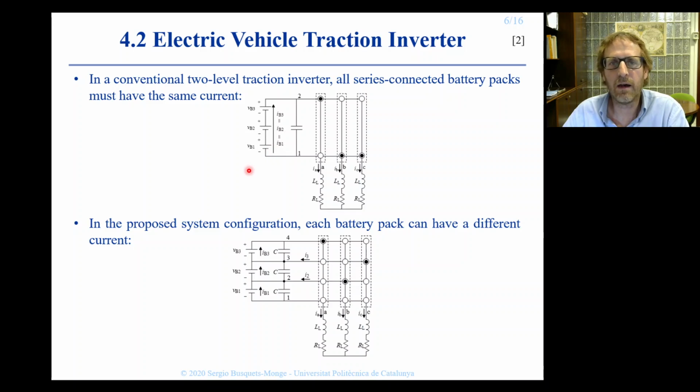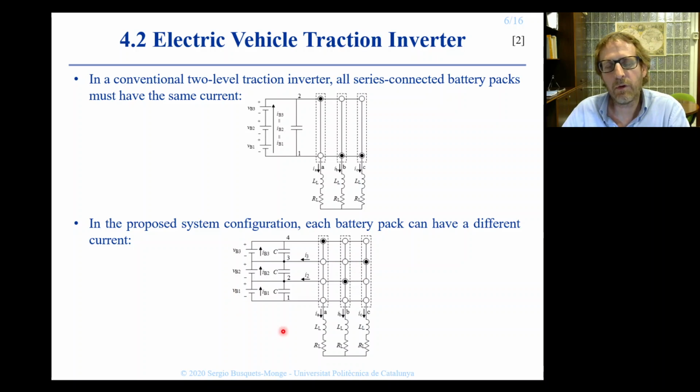But if one of them has a different nominal charge, or a different state of charge, this situation will lead us to a point where one of the battery packs will be fully discharged while the others still have energy, and we will not be able to take advantage of the full battery bank energy.